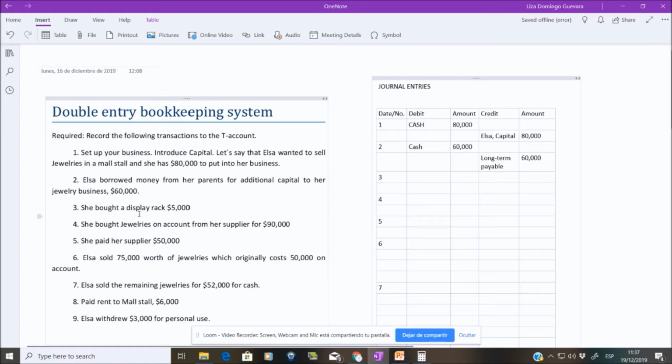Next, she bought a display rack of 5,000. So that would be furnitures and fixtures. Debit furnitures and fixtures of 5,000 and credit cash of 5,000.